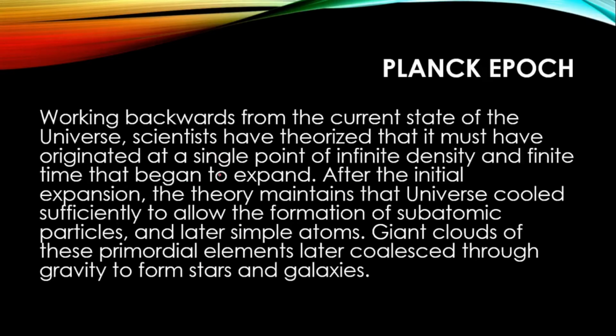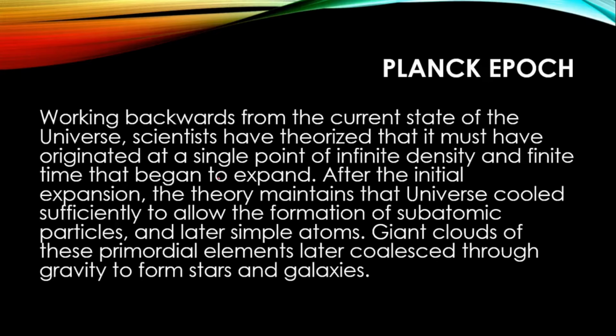After the initial expansion, the theory maintains that the universe cooled sufficiently to allow the formation of subatomic particles and later simple atoms. The giant clouds of these primordial events later coalesced through gravity to form stars and galaxies. So that's how it happens.